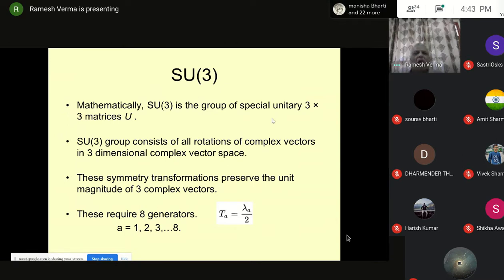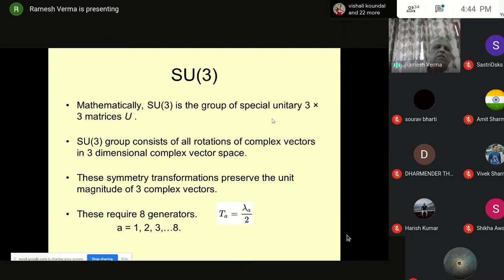We come across these kinds of transformations in several places in quantum physics. These are essentially nothing but rotations in complex vector spaces. So SU(3) is essentially a group of rotations of complex vectors which live in three-dimensional complex vector space.